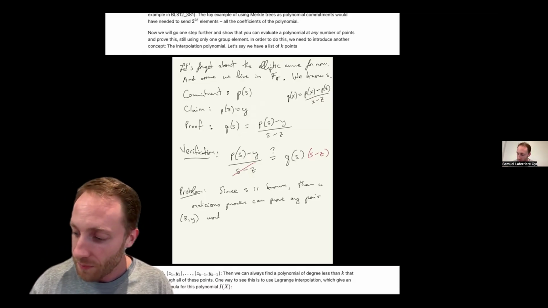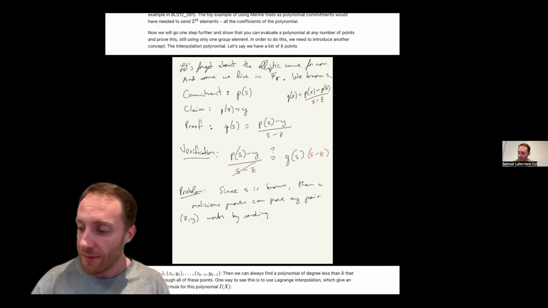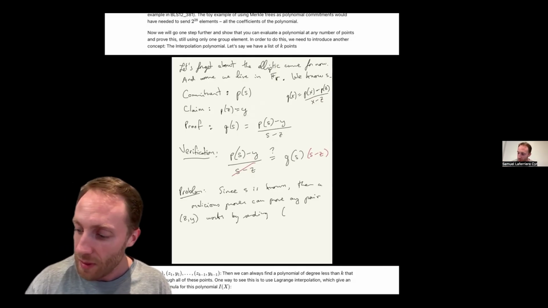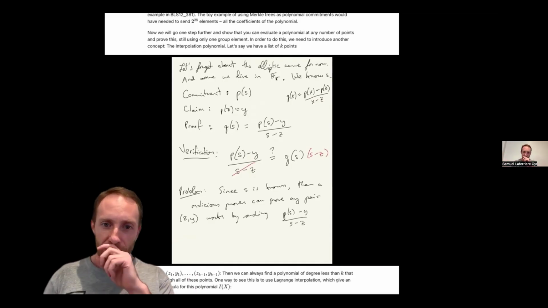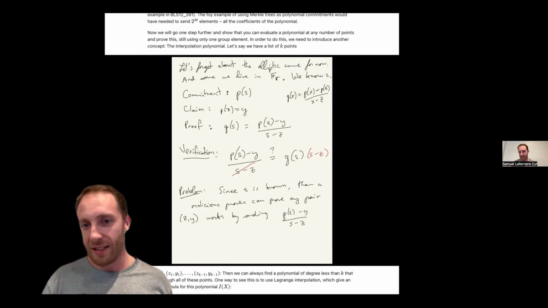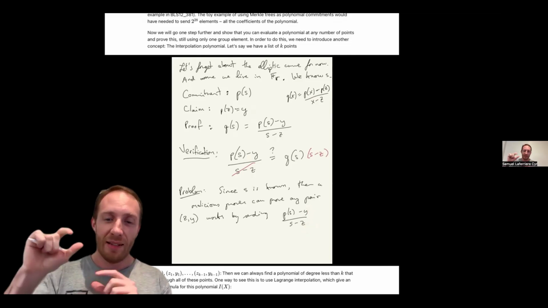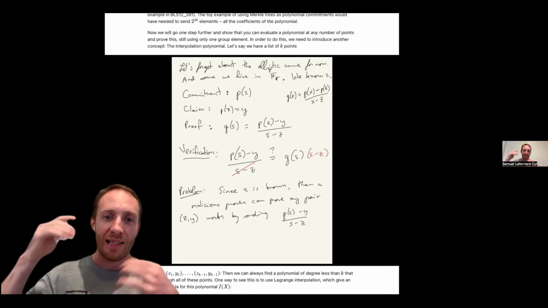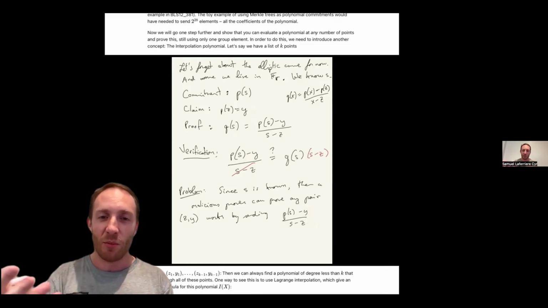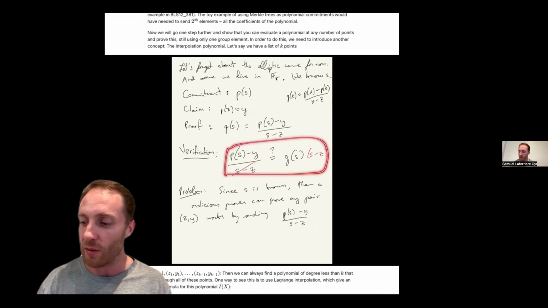It works by sending, they just have to send P of S minus Y divided by S minus Z, which are all ingredients that they have. So basically what I'm saying is that Y and Z don't even need to be related by the evaluation of the polynomial. I can literally use any two numbers. I can make this work because this equation will still hold.